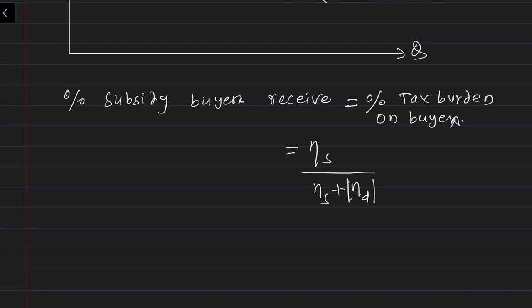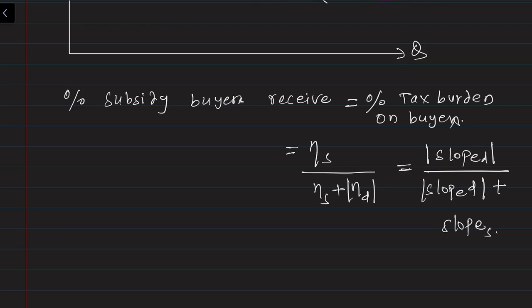Or in slope form, absolute value of the slope of the demand curve divided by absolute value of slope of demand curve plus slope of supply curve. So these formulas are the same.